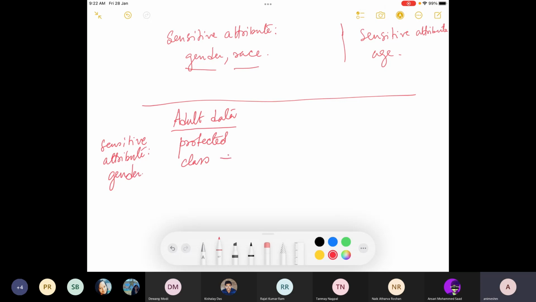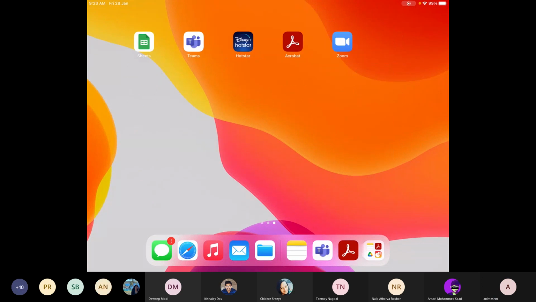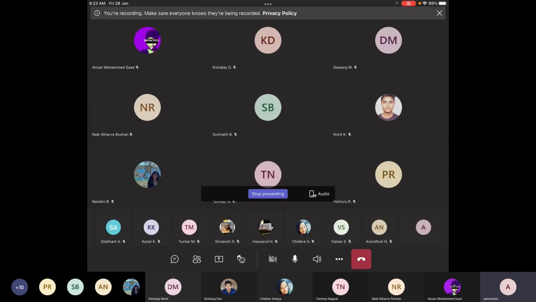Protected class, now you should be able to tell me this. What should be the protected class? If sensitive attribute is gender, let me see if there are people in the class. Okay, there are quite a few people in the class.